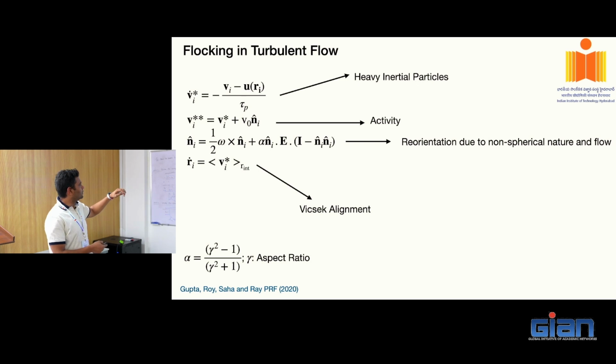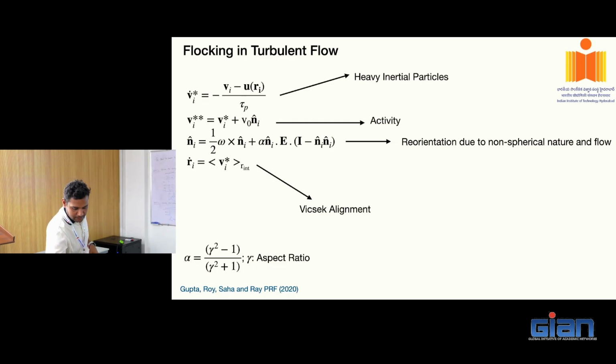Once you have v star, you calculate another intermediate step velocity, v double star equal to v0 plus n hat. This is where you take into account activity. Once you have v double star hat, you take an averaging.